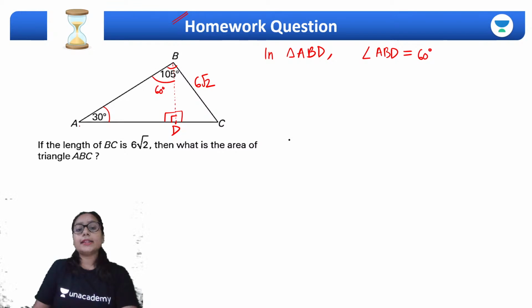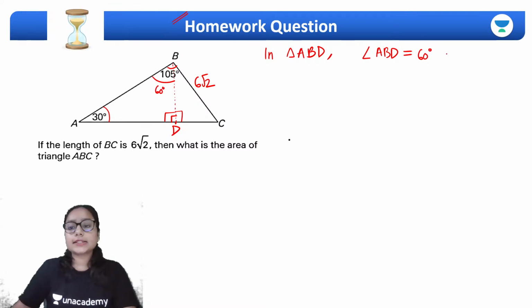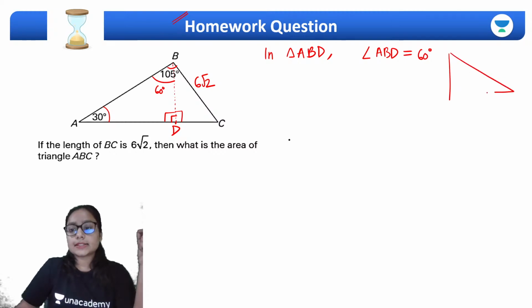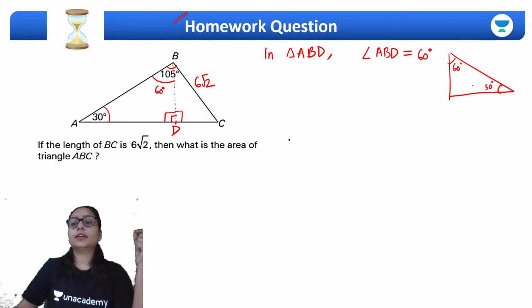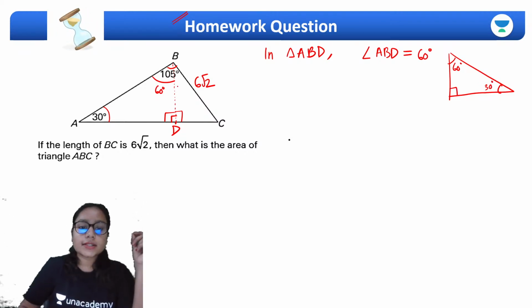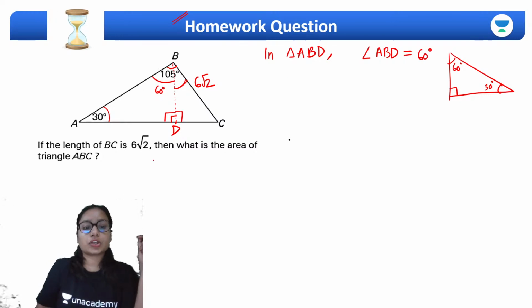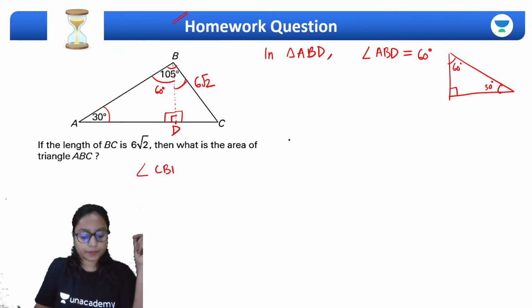Now, what type of triangle is this? This is a special triangle, with one angle 60 degrees, one angle 30 degrees, and this one 90 degrees. Please tell me what is the measure of angle CBD?